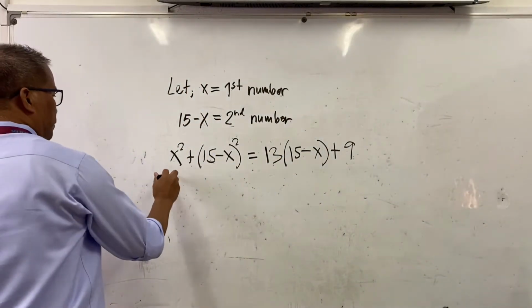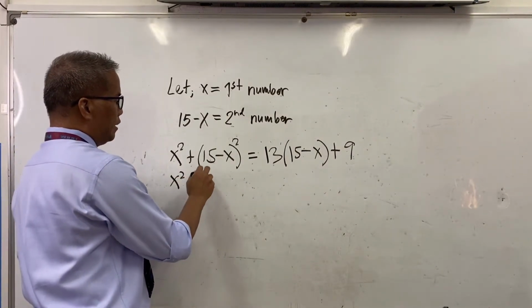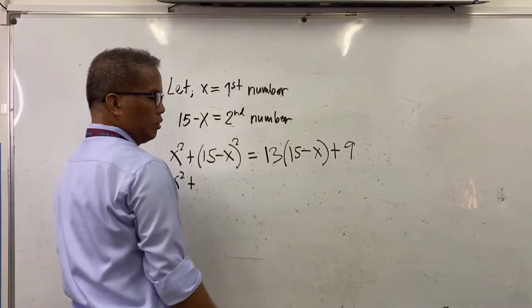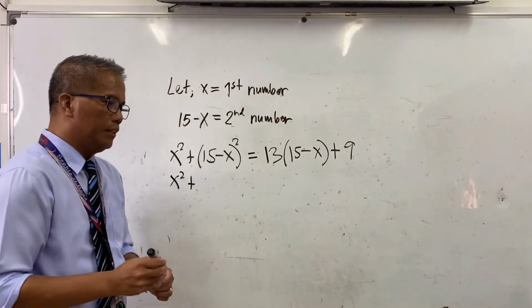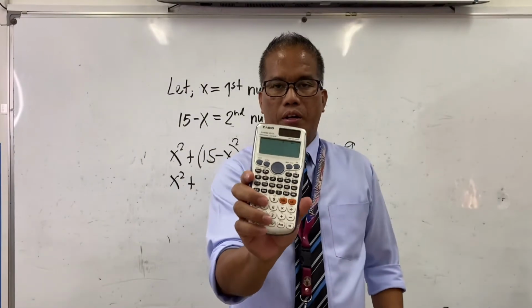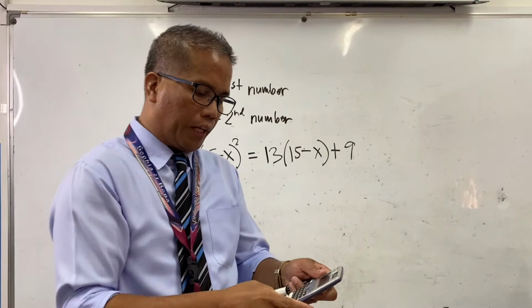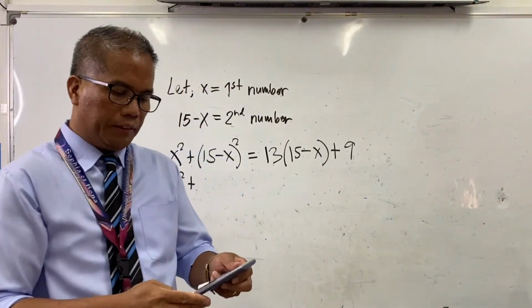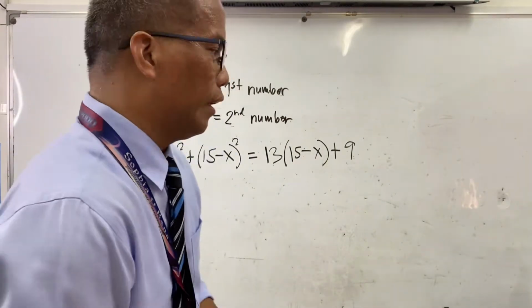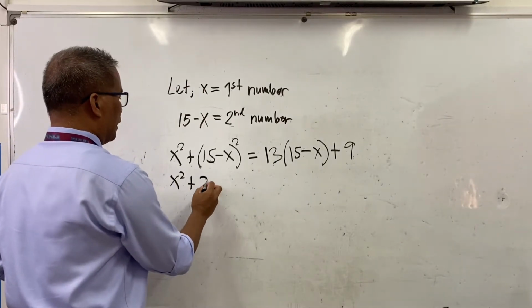So let's do it. x squared plus 15 squared, so 15 times 15. If you have your calculator, you can use your calculator, then multiply 15 times 15. So the answer is 225.